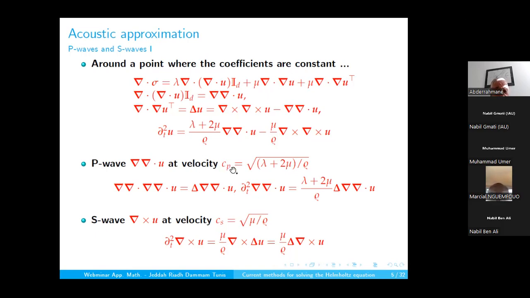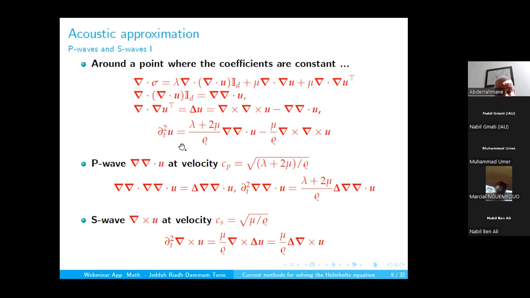And to get the P wave, you apply the grad div operator to both sides of this equation, and since the divergence of a curl is equal to 0, only the grad div term remains in the equation, and you obtain that the grad div of u satisfies a wave equation propagating at the velocity Cp, which is the velocity of primary, compressional waves.